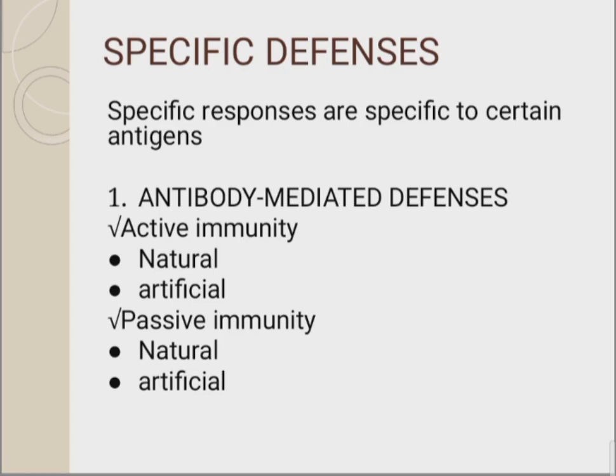Passive immunity includes the immunity which is acquired from outside, delivering antibody from outside. Natural passive immunity includes milk from the mother, which is known as colostrum, and antibody from the placenta, from the womb itself.